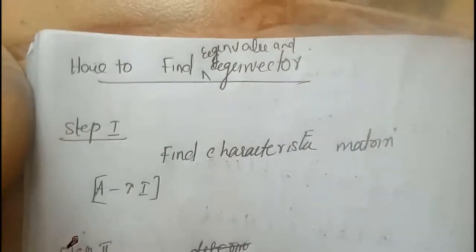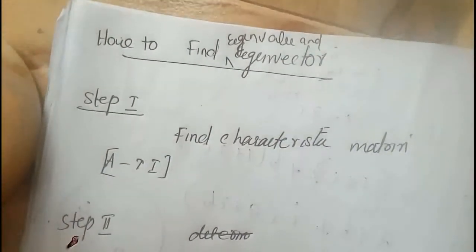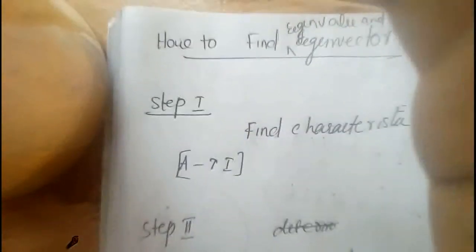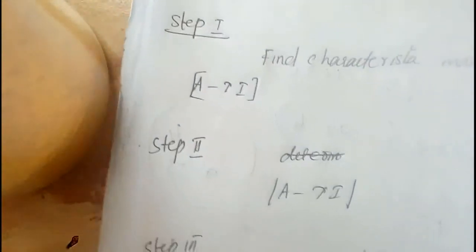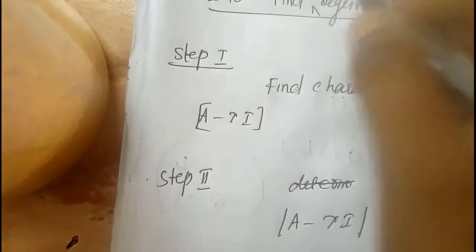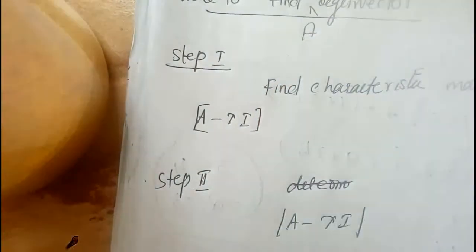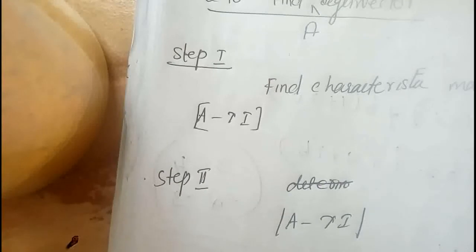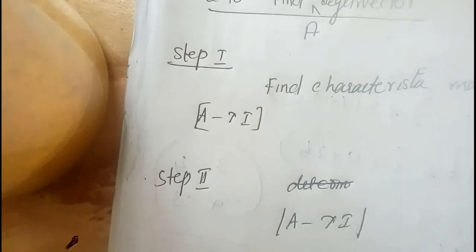In this section I will explain how to find eigenvalue and eigenvector. What is the algorithm? First of all, given a matrix A or a system of equations, we form the coefficient matrix, variable matrix and constant matrix.